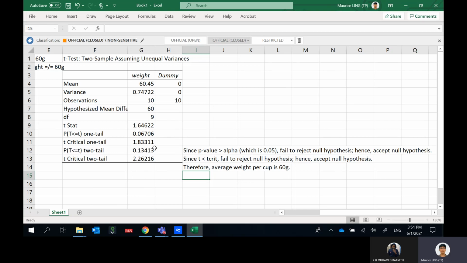So in other words, what does this p-value mean? Remember, this p-value of 13.4% simply means that based on these results, there is a 13.4% chance the null hypothesis is correct.